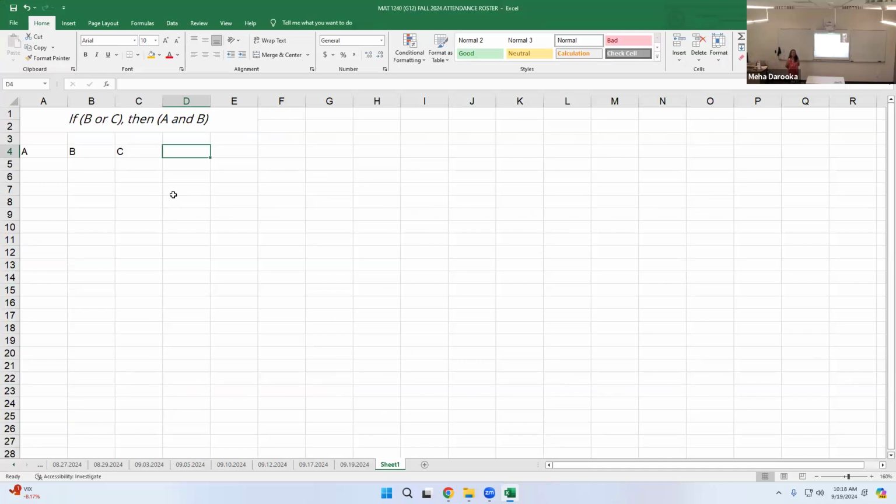What do you think should go into our next column after we do the A, B, and C, the first three propositions? Looking at the statement, they're saying if parentheses B or C, then parentheses A and B. So what would you put as your next column heading in the truth table? Yeah, very nice.